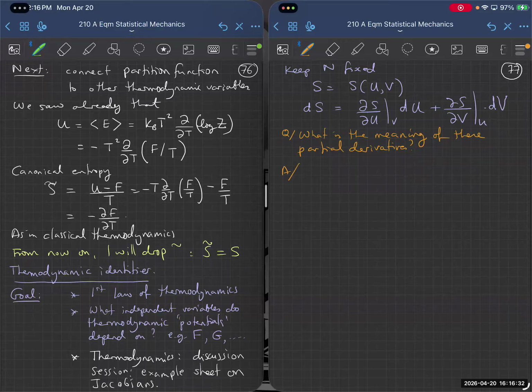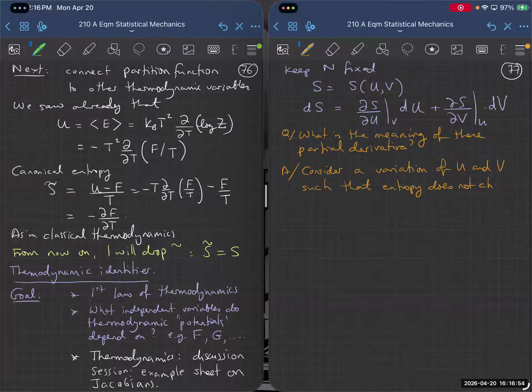We're going to consider a variation of u and v such that the entropy does not change. If that's the case, then ds equals 0.